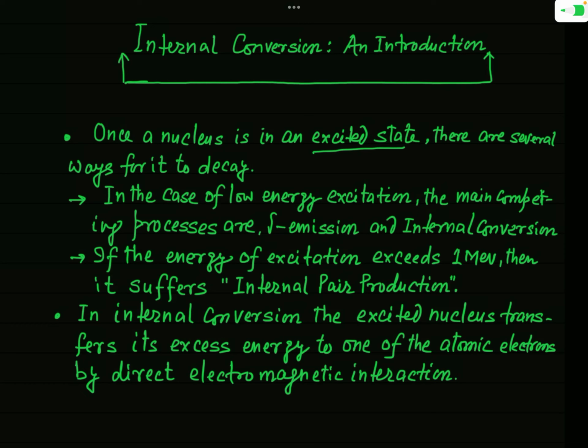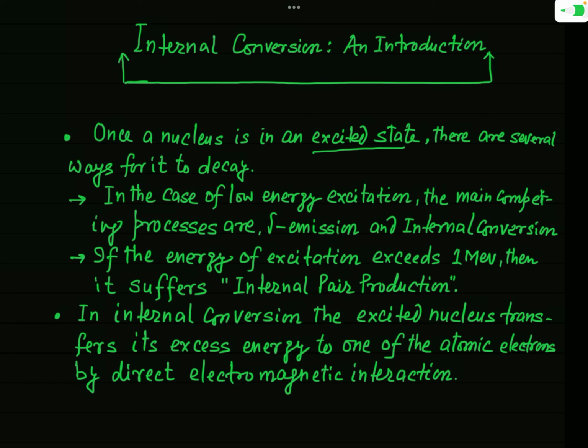When an excited nucleus returns back to a state of lower energy, not only gamma decay takes place, but at the same time there may be other ways of decay. And among all those other ways of decay, internal conversion is also a very important phenomenon.